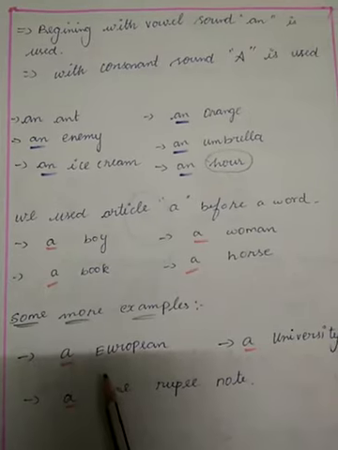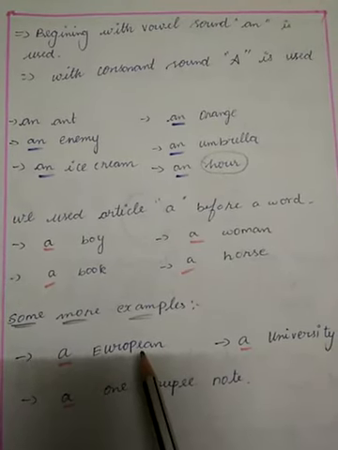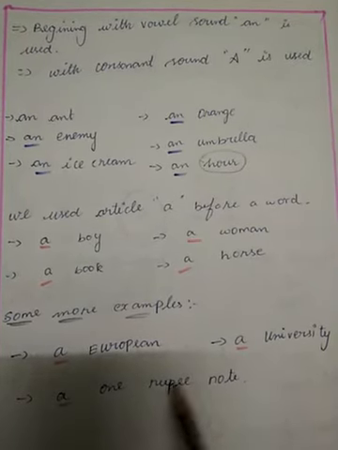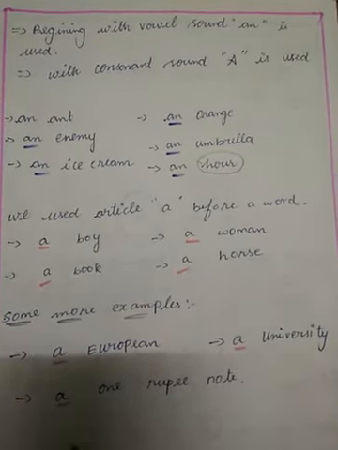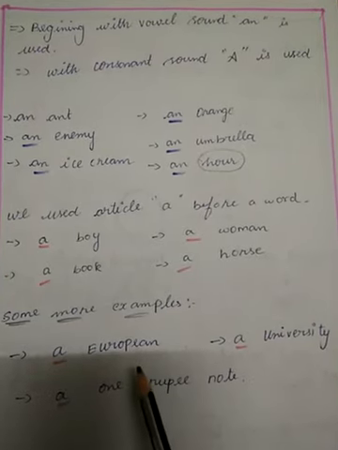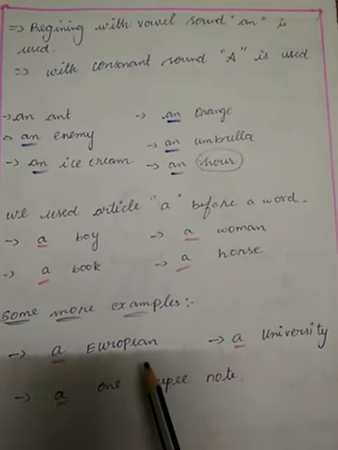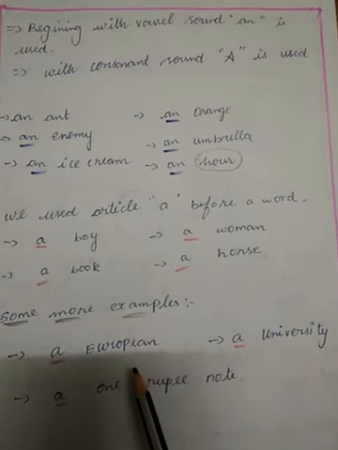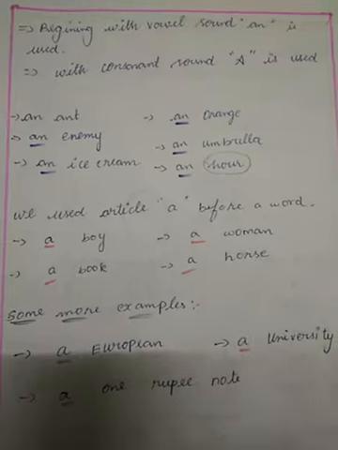Some more examples: a aeroplane, a university, a 1 rupee note. These start with a consonant sound. So a is used before these words.